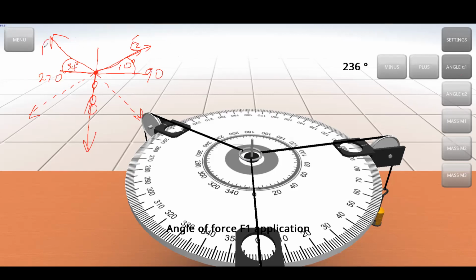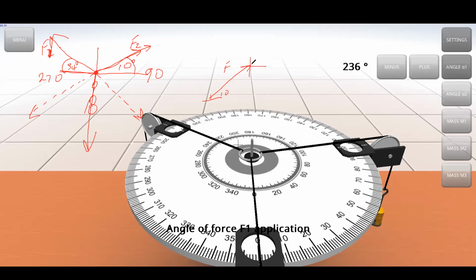So this is F1, F2. Let's say you do tail to tip and you draw F2 first; you can draw either one first. You draw that one, and this is a 10.